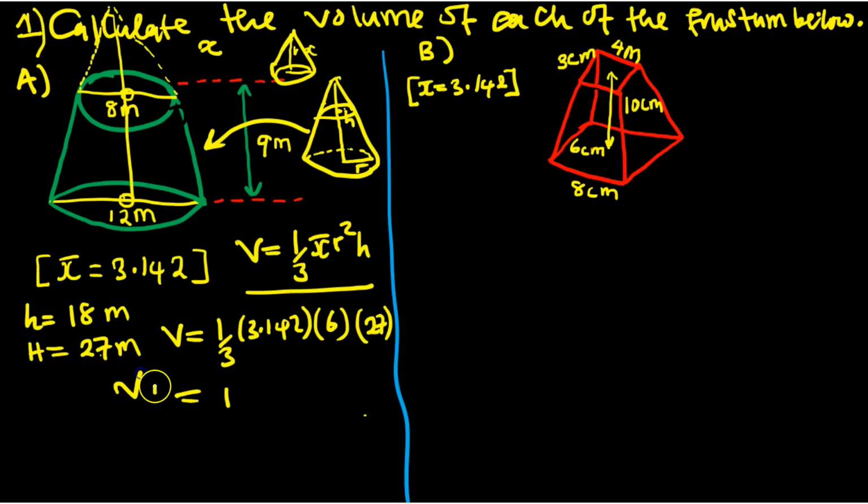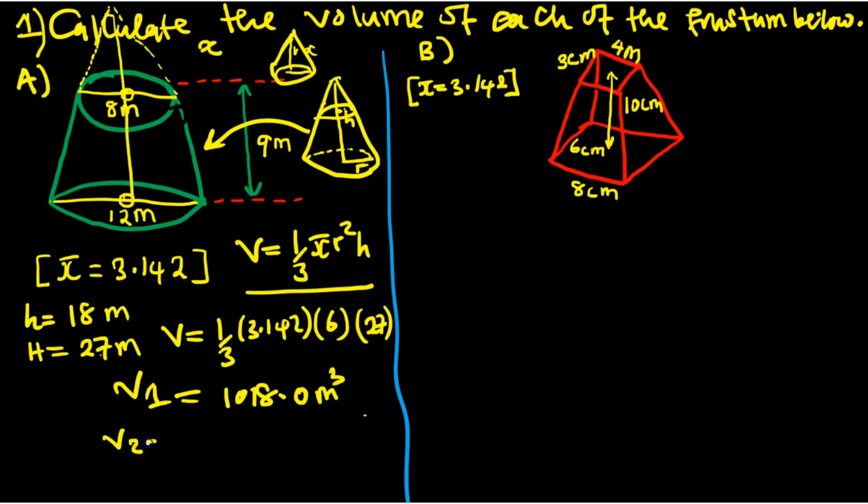So this is our V1, volume 1 of the big cone. Please confirm, 1018.0 meters cubed, that is the volume of the big one.